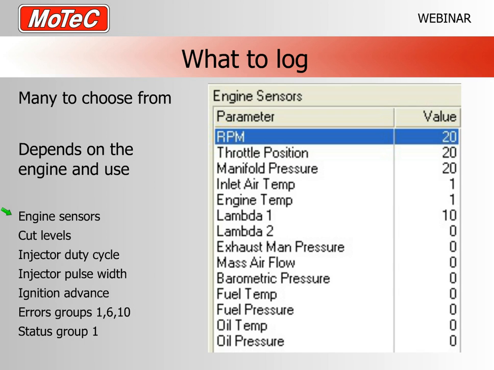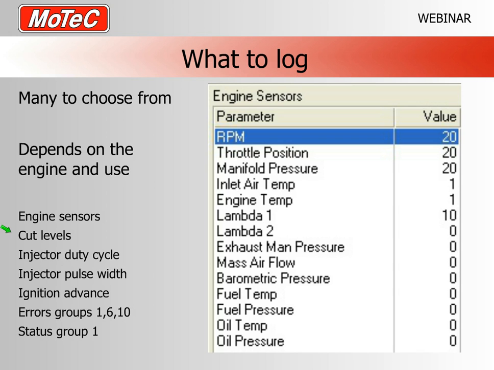Some basics that you would start with would certainly be all the engine sensors. If the engine has an exhaust temp sensor, then log it. If it doesn't, then don't. I'd also always want to know my cut levels. What that means is the ignition and fuel are often used for RPM limiting, traction control, launch control, dual RPM launch for drags.